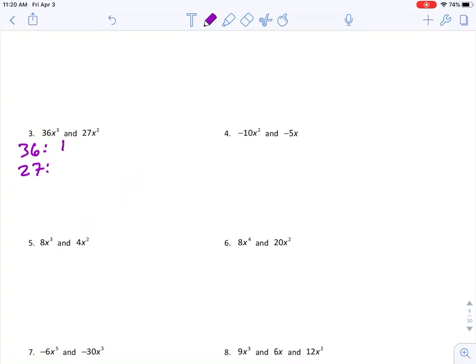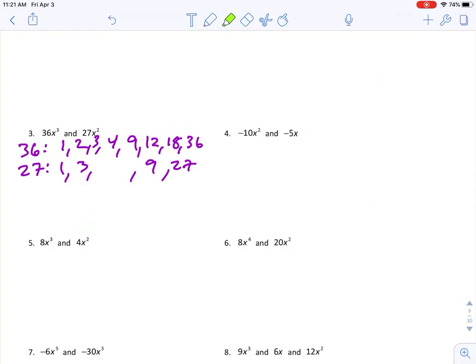So that'll be 1 and 36, 2 and 18, 3 and 12, and I should have had more space, because we also got 4 and 9. And now as far as 27 goes, we got 1 and 27, 3 and 9, and actually that's it.